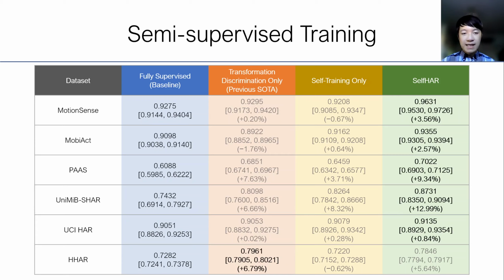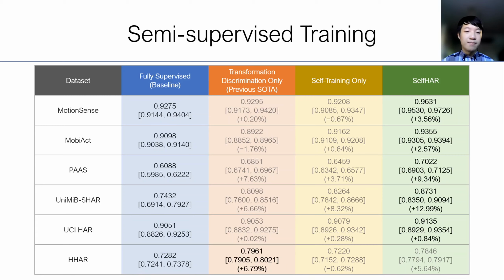From the table, we can see that out of all cases, our SelfHAR pipeline is able to outperform the fully supervised baseline. We can see that there are performance gains upon the baseline in all 6 datasets, which is not necessarily the case for the other 2 methods.